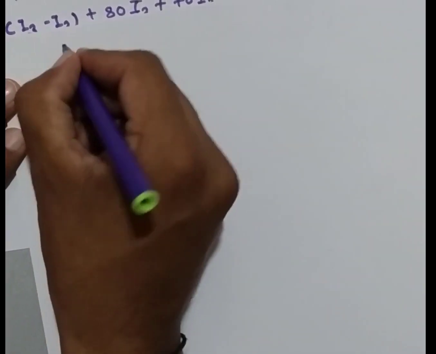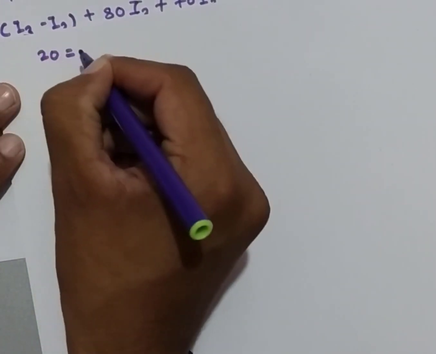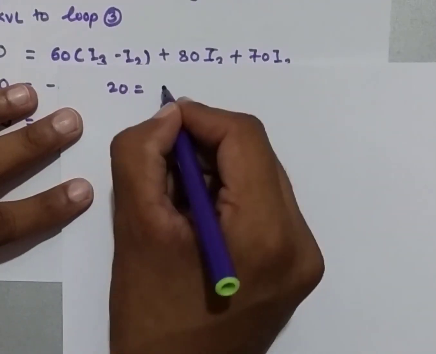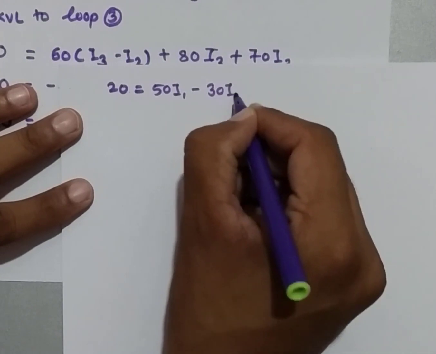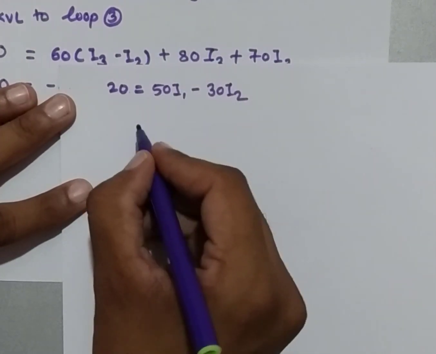Let us rewrite these three equations over here. 20 is equal to 50 I1 minus 30 I2. This was your equation number 1.